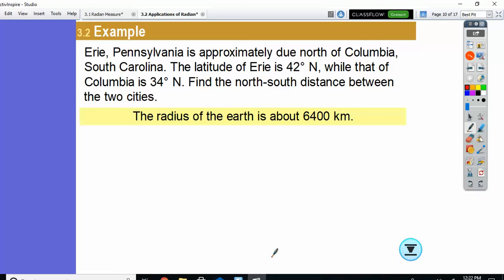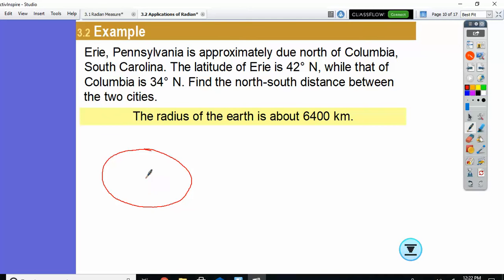Erie, Pennsylvania is approximately due north of Columbia, South Carolina. The latitude of Erie is 42 degrees north, while that of Columbia is 34 degrees north. Find the north-south distance between the two cities. So, we know something. I think we can all agree that the Earth is round, right?